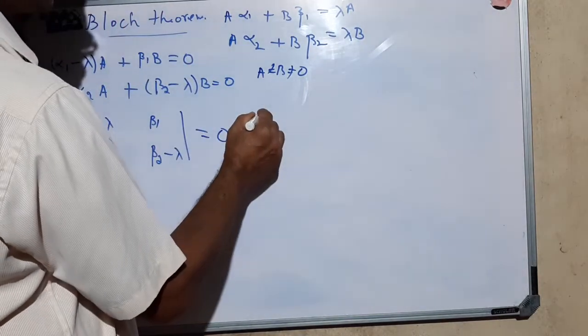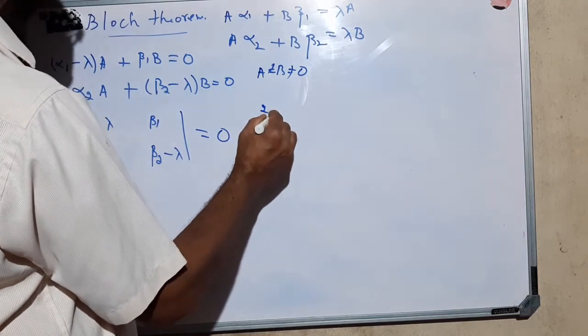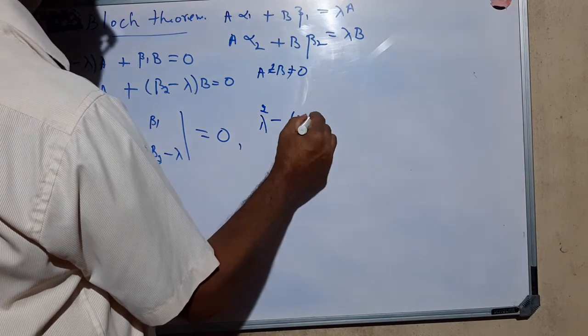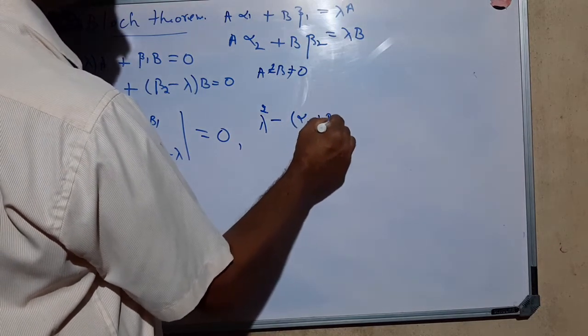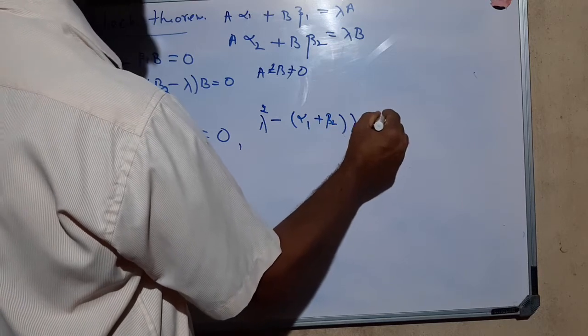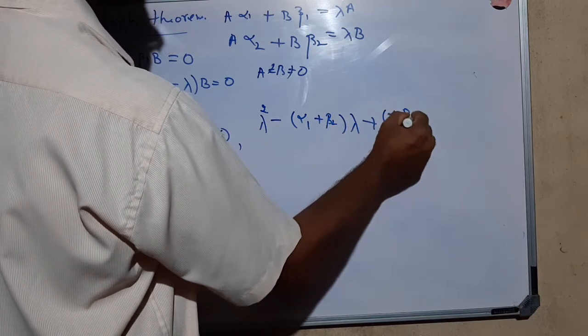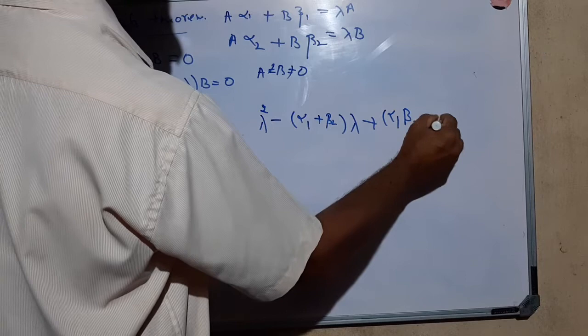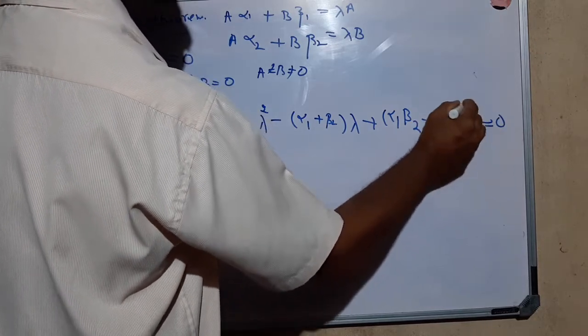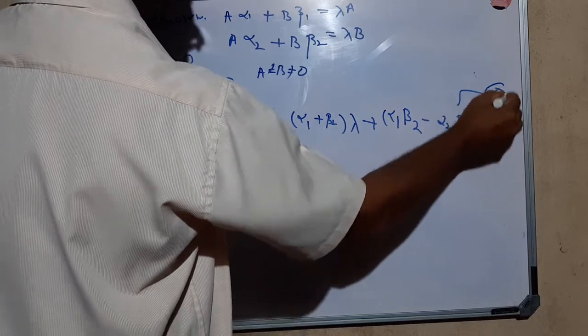After simplification: lambda square minus alpha 1 plus beta 2 into lambda plus alpha 1 beta 2 minus alpha 2 beta 1 is equal to 0. This is equation number 5.